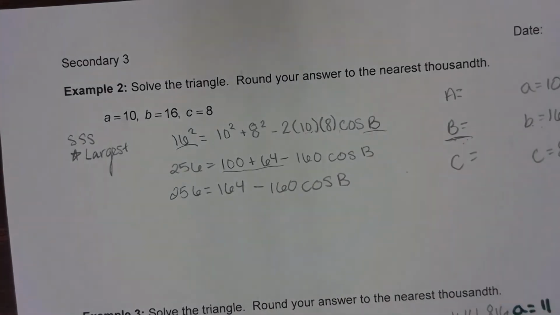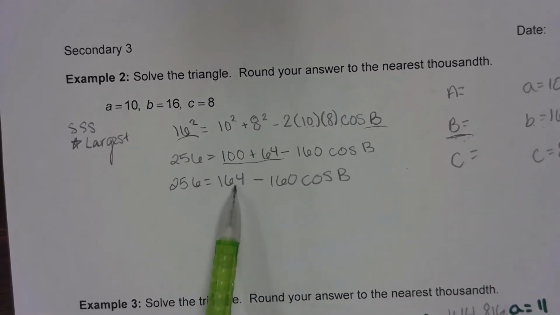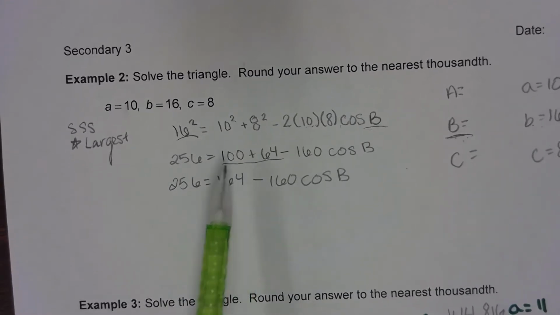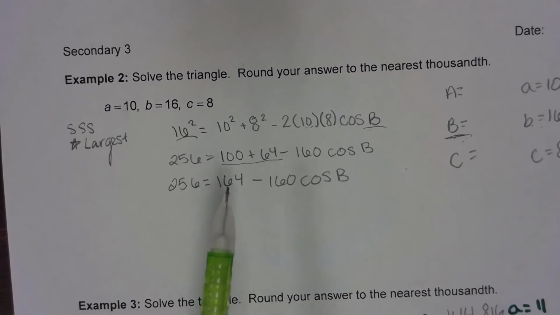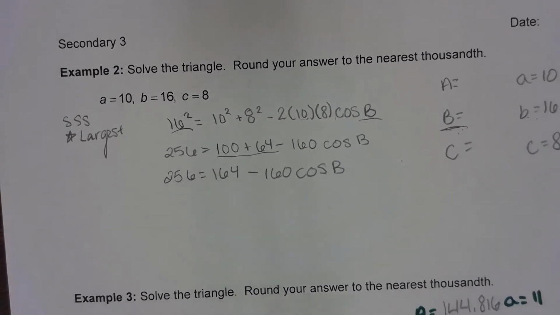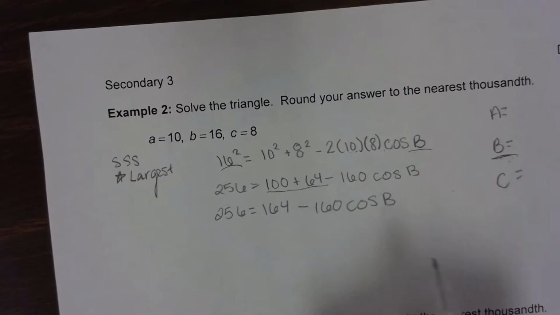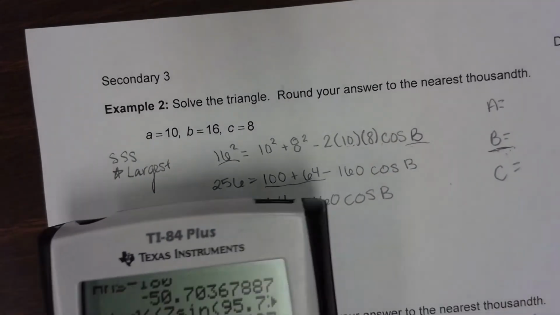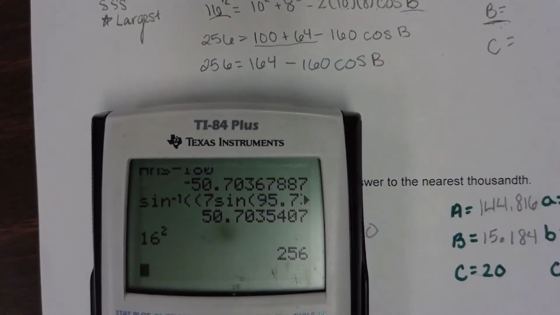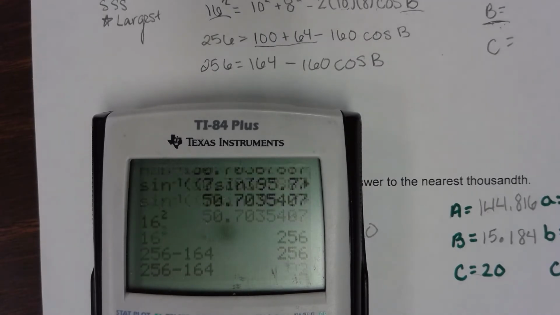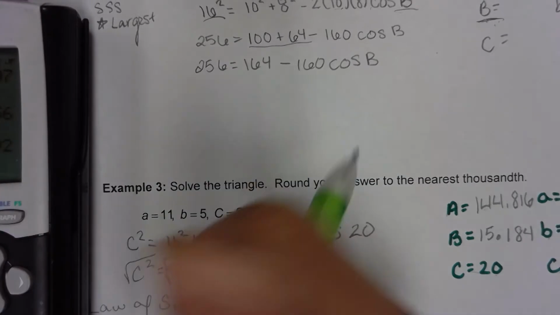It is now here that we can start doing the opposite operation to what we see. So let's get rid of the 164 first. It is a positive 164, so how do we move that to the other side? Well, we would subtract it. So in your calculator, 256 minus 164 equals 92.